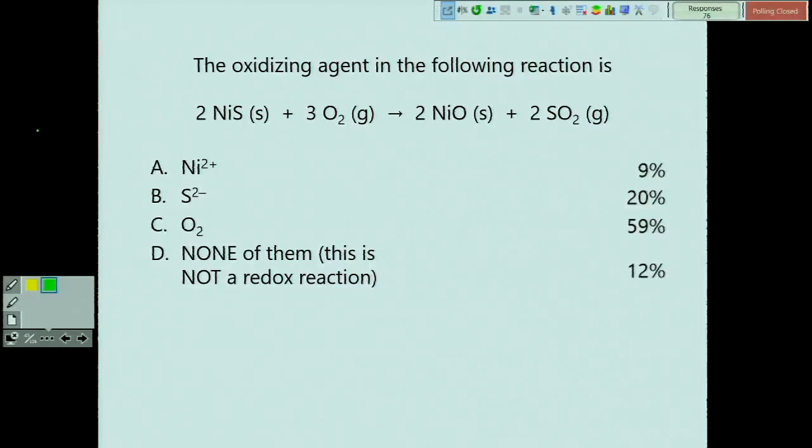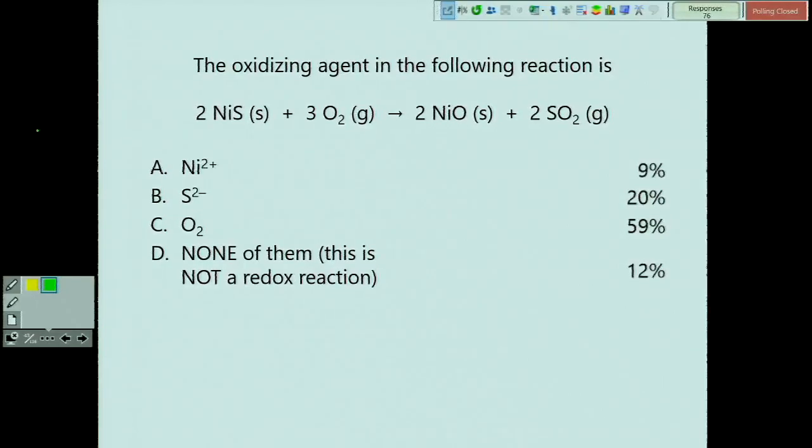It's not an ion, it's not sulfite, it's sulfur dioxide, a neutral molecule, right? So what's the oxidation state of sulfur? +4. So notice it went from a -2 oxidation state to +4.